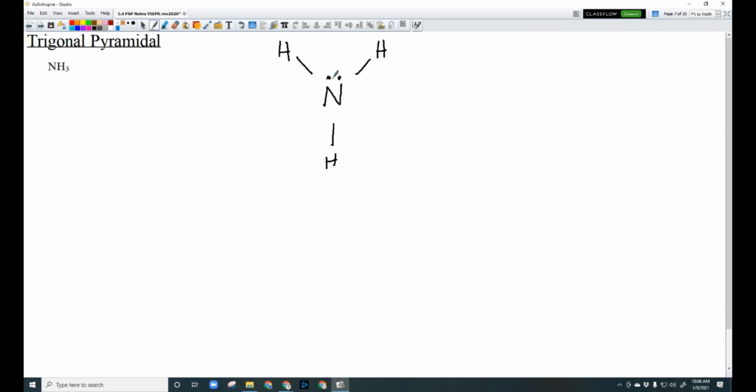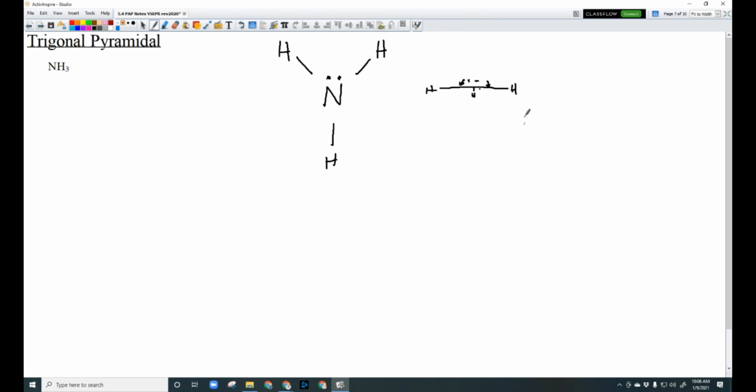Now, this lone pair of electrons on the center is going to bend these. So if we're looking at it flat like this on the side, we have these 2 electrons here. We have these 3 hydrogens, and I'm just going to put a small little hydrogen that's going back into the board, or it could be coming out towards you. Because of these lone pairs of electrons there, it's going to bend these downward.